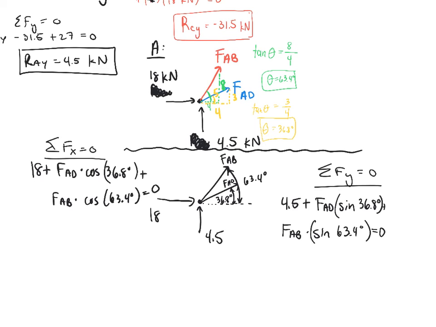So we've got the first equation, cosine of 36.8, I wrote down is around 0.8. So I've got for the first equation over here, 18 plus 0.8 FAD plus, the other one I wrote down 0.447. And that's times FAB.